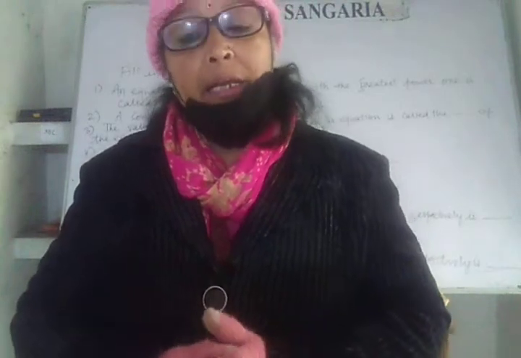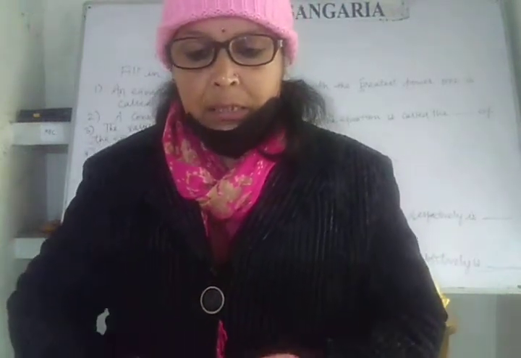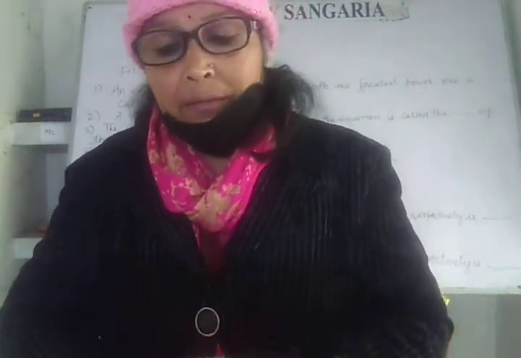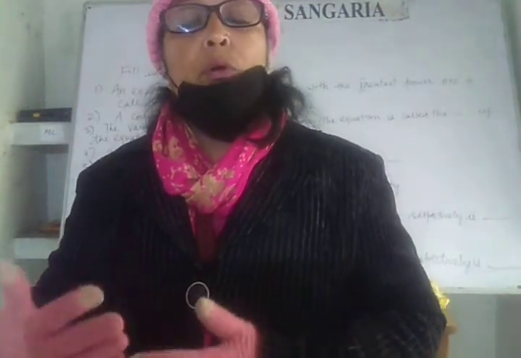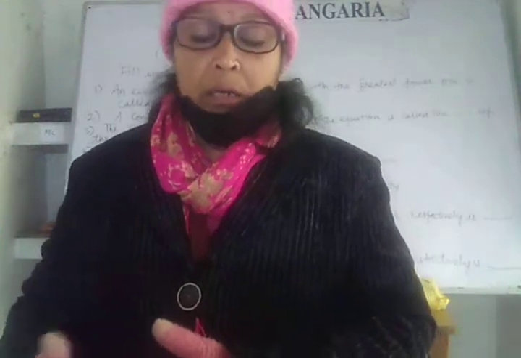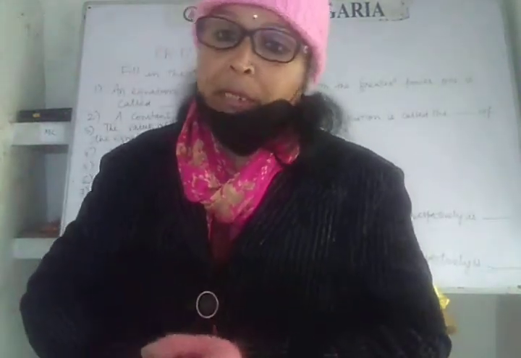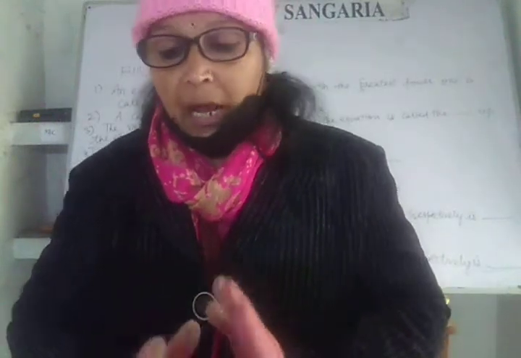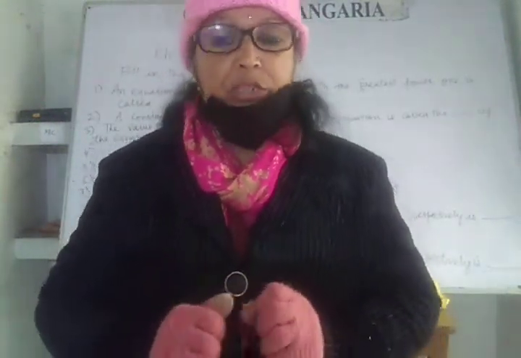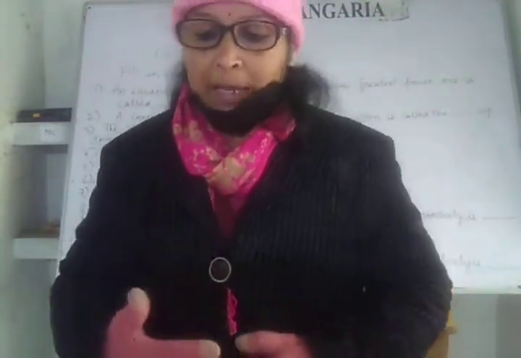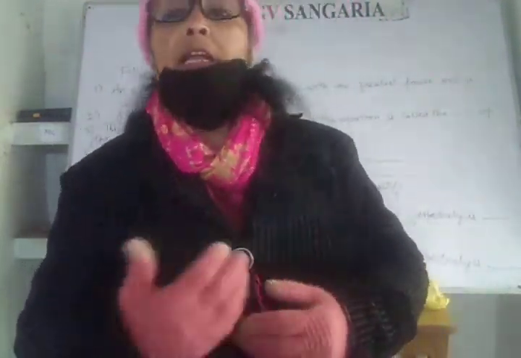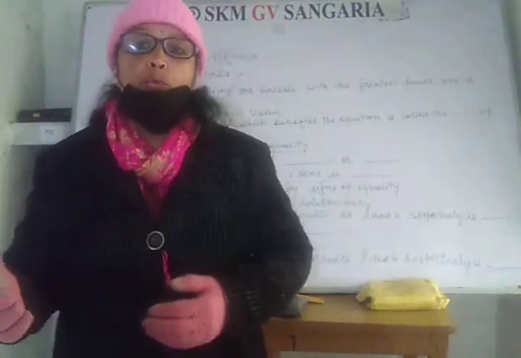We can say that it is a variable. It can stand for any value. Then variables: one may use any letters, small a to small z, to show a variable. A variable is a number which does not have a fixed value. It can take any value like 1, 2, 3.